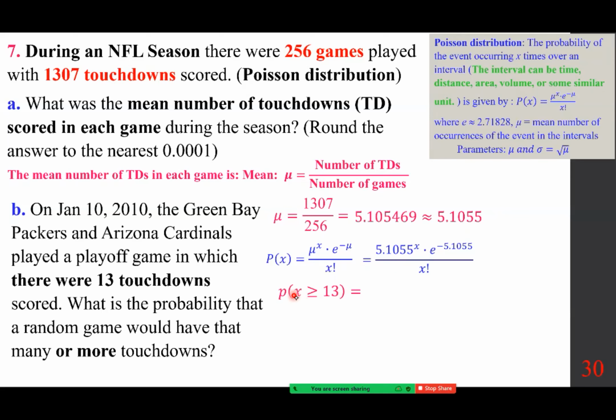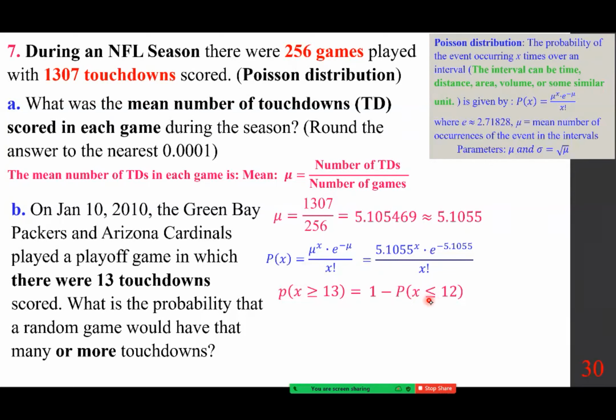This is 1 minus the probability of x less than or equal to 12. So this is the way to calculate this. Again, nobody expects you to do this by hand. This means the probability of x equals 0, plug in 1, 2, all the way to 12 and add them up. That's the meaning of this.